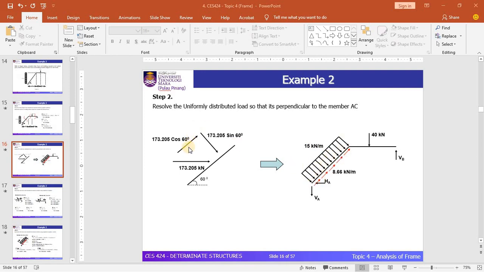And when you divide this value of 173.205 cos 60, which is the horizontal component parallel to this member, by 10 meter, you will get the UDL of 8.66 kilonewton per meter, which is acting along this member.